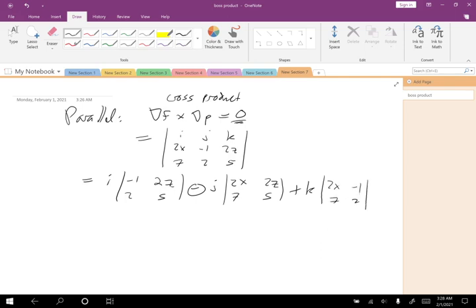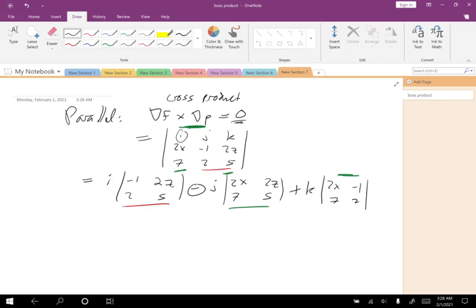So just to reiterate, I was doing these columns to do this determinant. You remember, you exclude the column that i comes from.